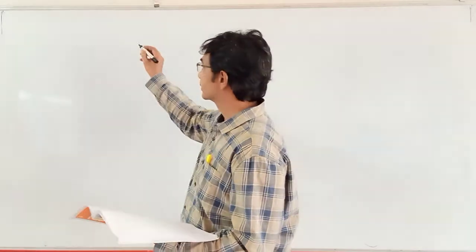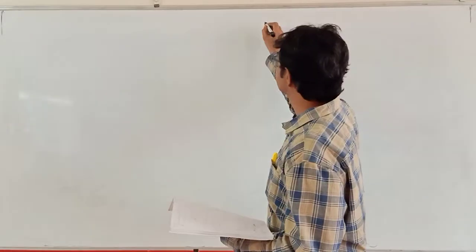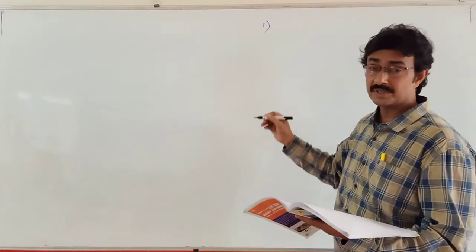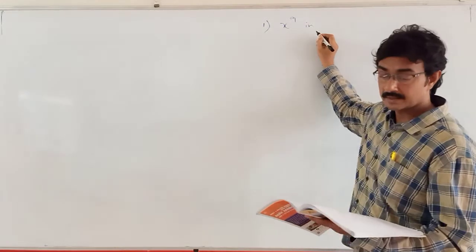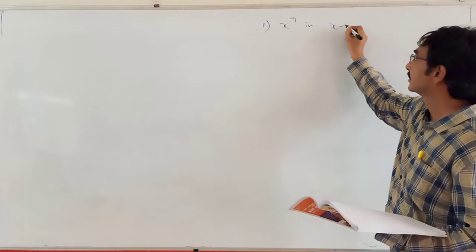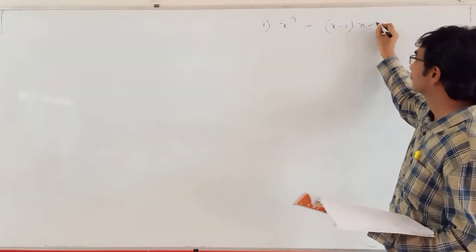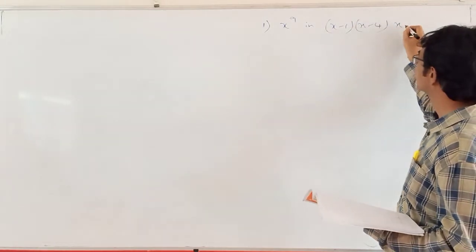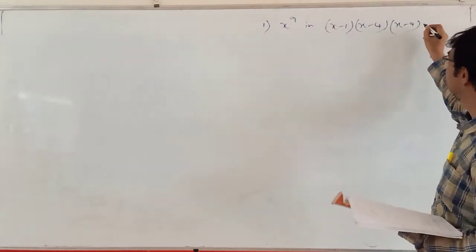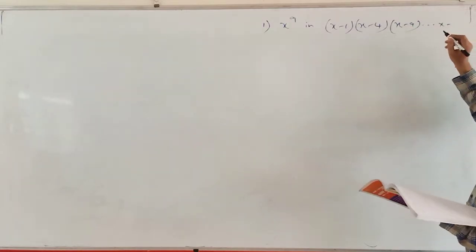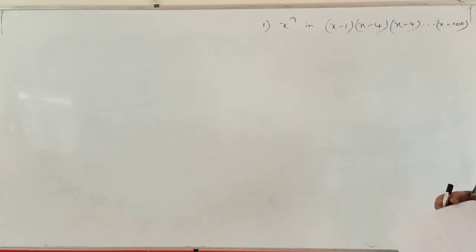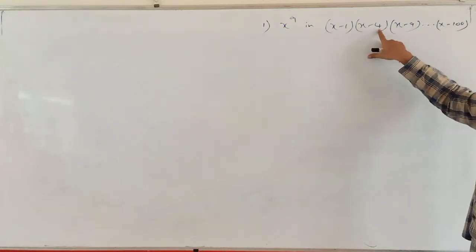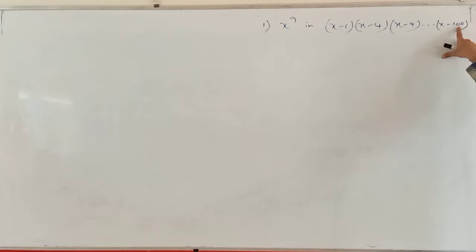See, problem first one: coefficient of x power 9 in the product (x minus 1)(x minus 4)(x minus 9) and so on, (x minus 100). Okay. See, the numbers are 1 square, 2 square, 3 square and so on, 10 square.